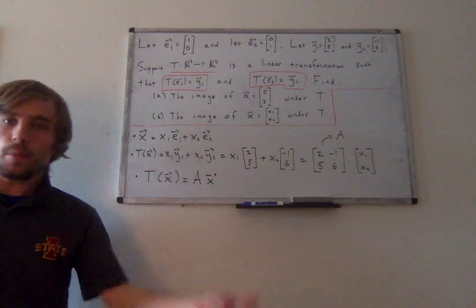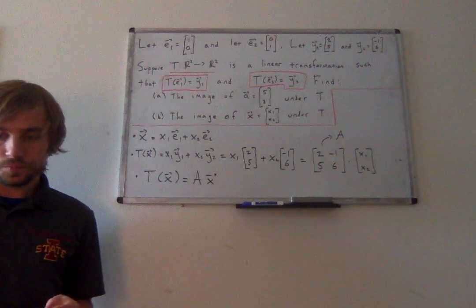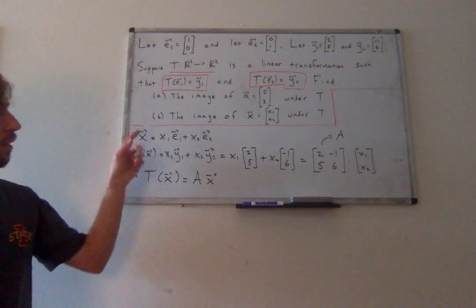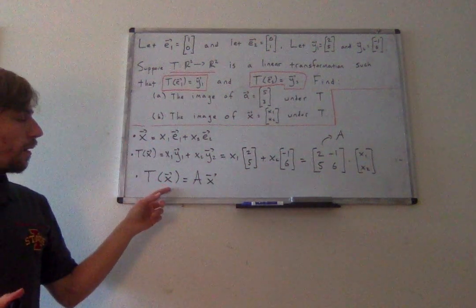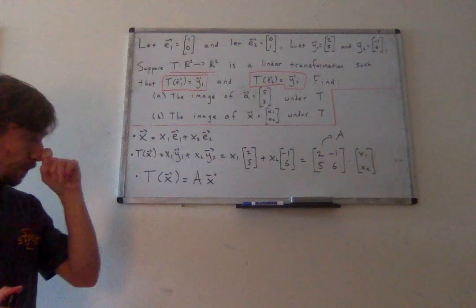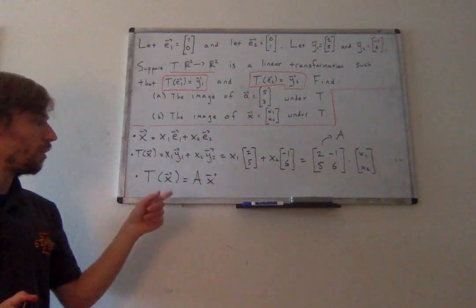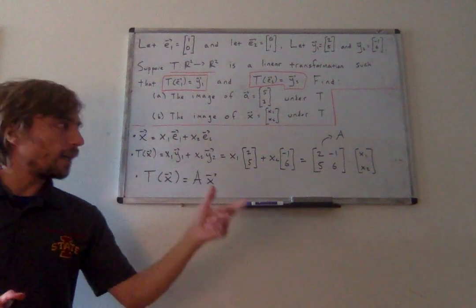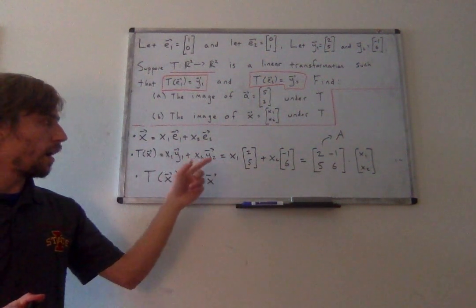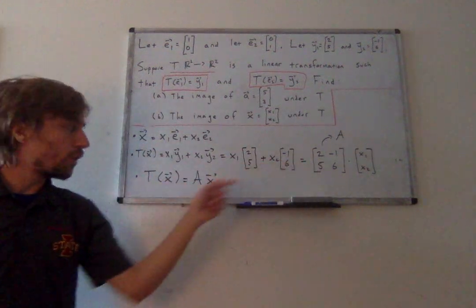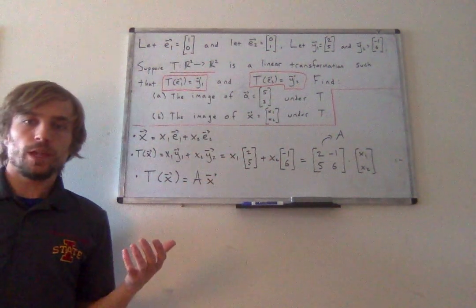So I did sort of the opposite of what we did in section 8. Using these two vectors, e1 and e2, I was able to go backwards, right? I said, okay, I know what e1 and e2 do. I can now find a matrix that defines this linear transformation.